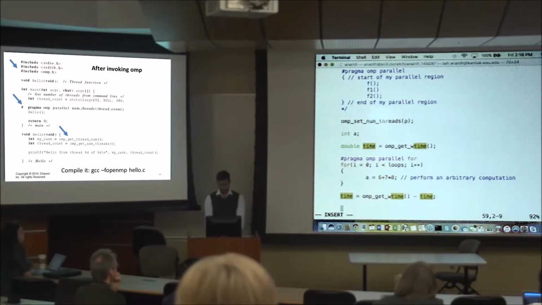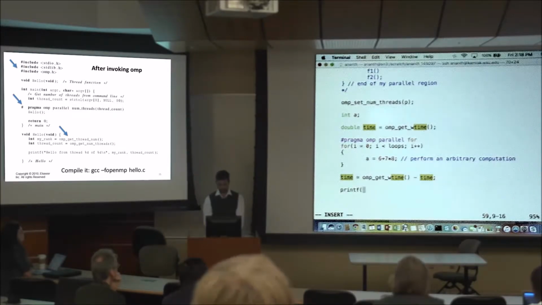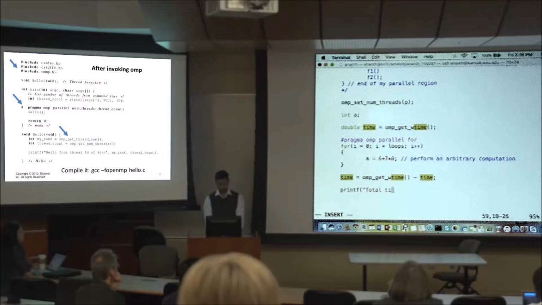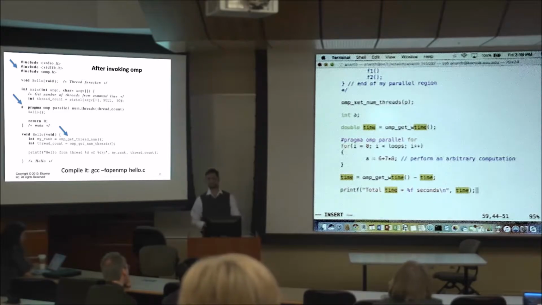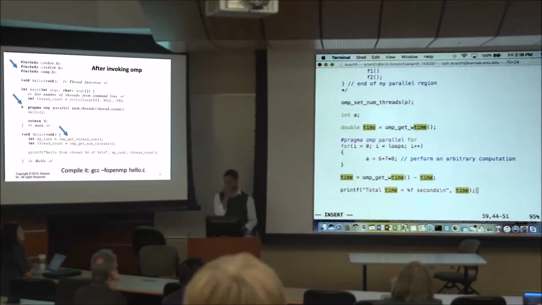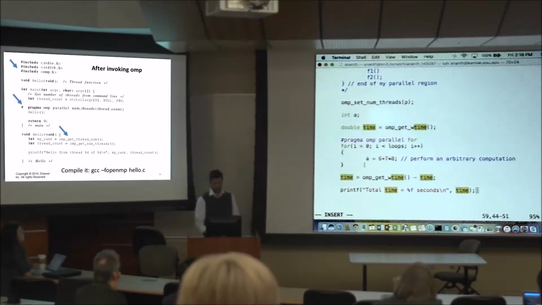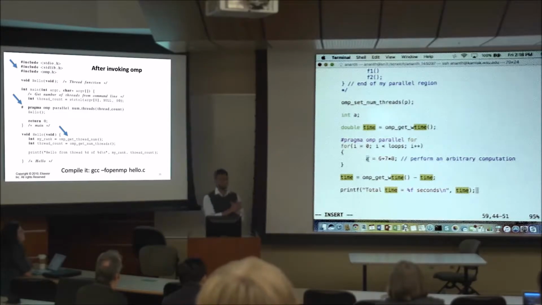And then I'll add a print statement here, printf, Total time equals, it's a double, so I'll use %f, and seconds. All right. So let's focus on time first, not the semantics. What happens to A we will see later. But let's at least see whether we see speedup or not. That's what we are after really, right?